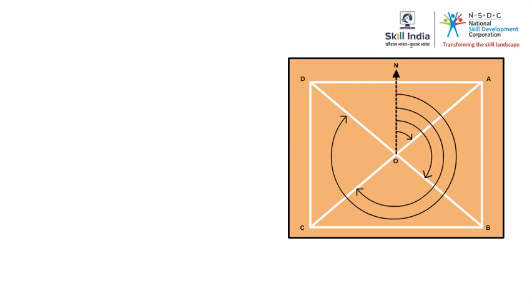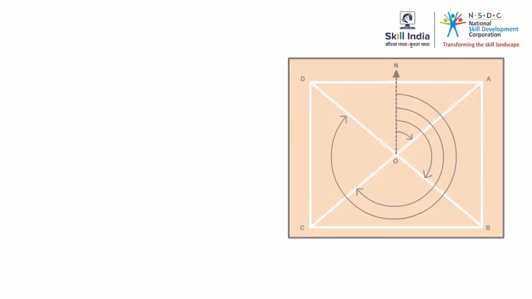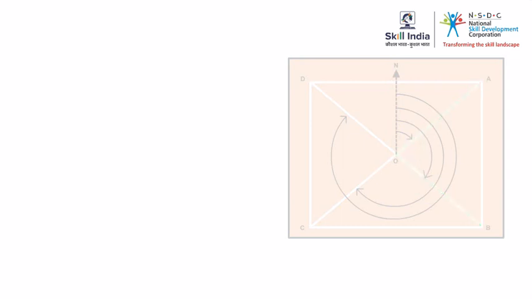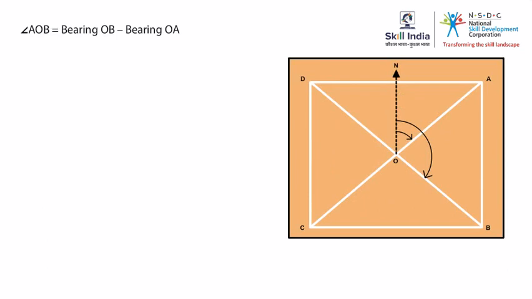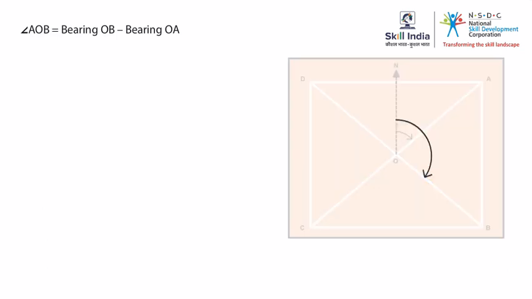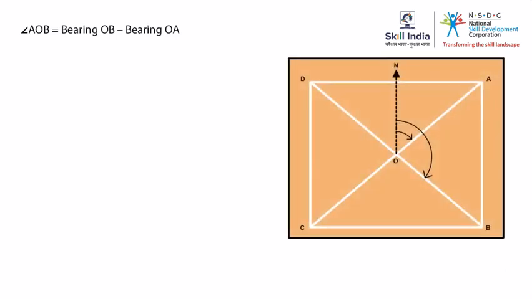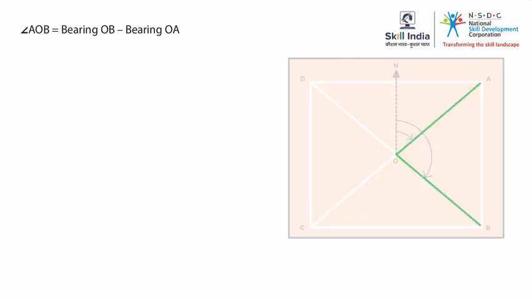To begin with, let us find out angle AOB. We can say that angle AOB is equal to the difference between bearing OB and bearing OA. Note that these bearings are in fact the arms of the angle AOB.